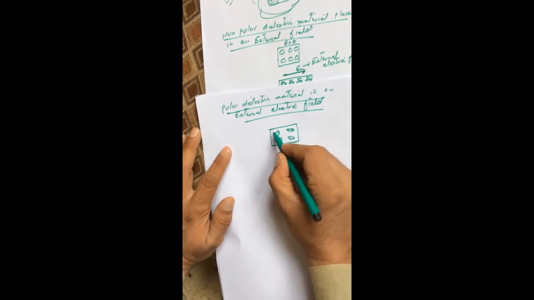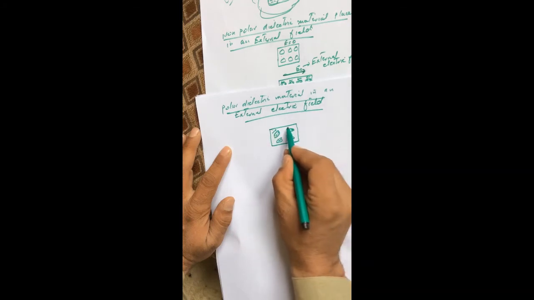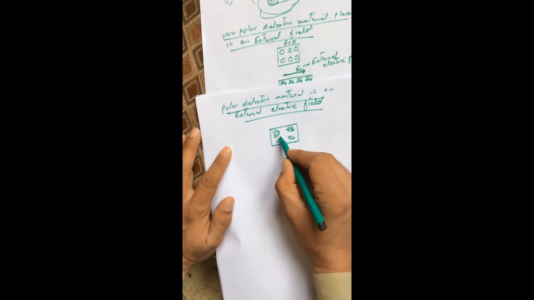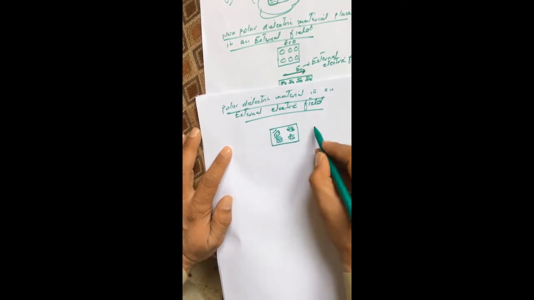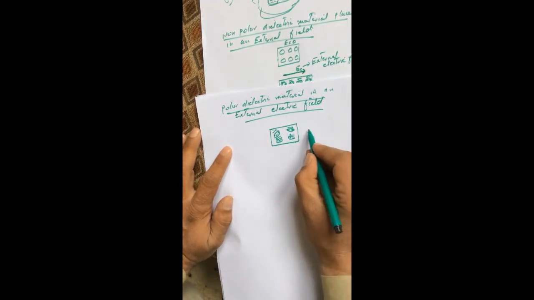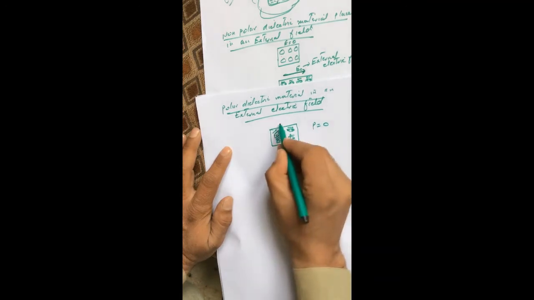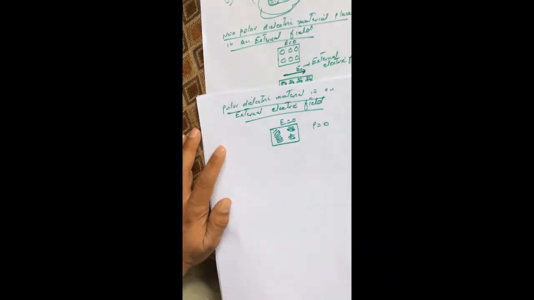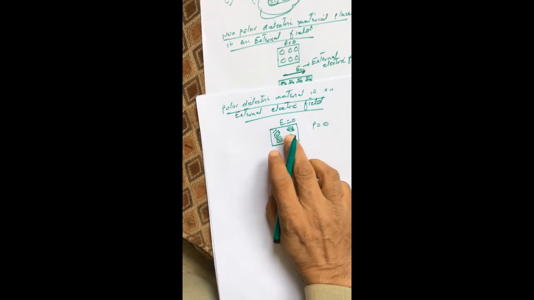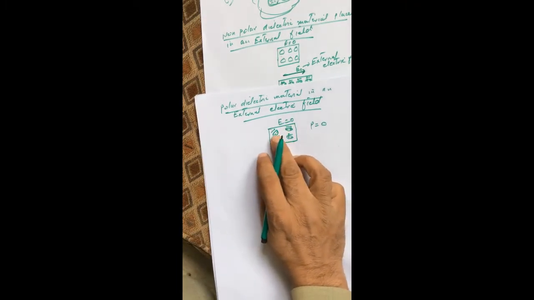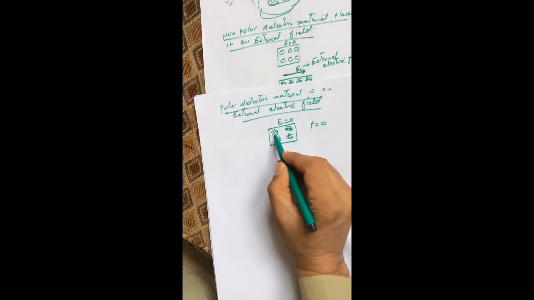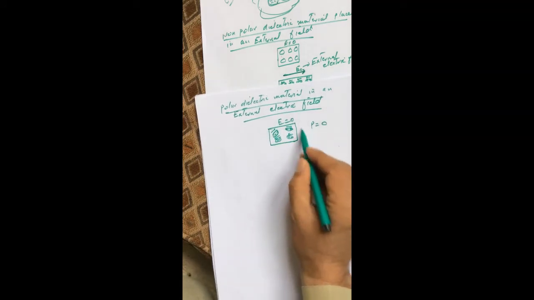Now the dipole moment direction is this one for each. If I add all these 4 vectors, we get a net dipole moment which is 0, or the net electric field inside the material is 0. Here the external electric field is 0. So these atoms or molecules have a net dipole moment, but the net dipole moment of the material is 0.